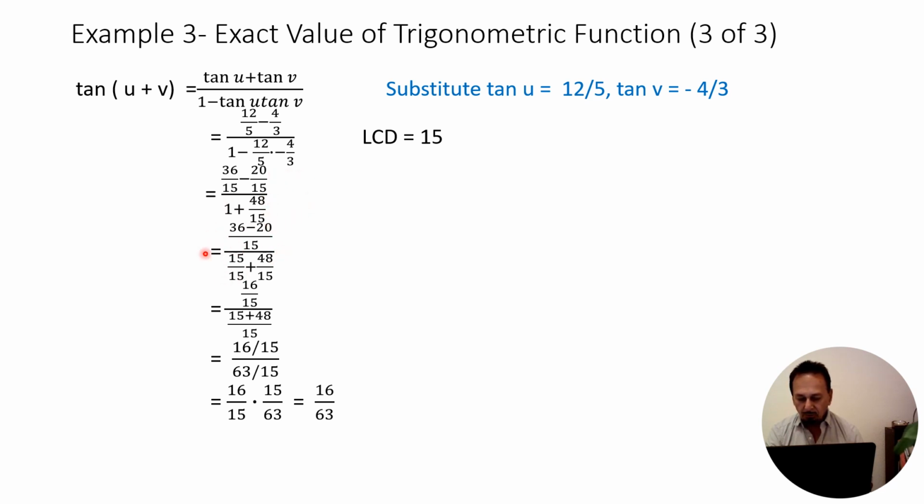Okay, so we can subtract 36 minus 20 over 15, and in order to add on the bottom, we have to rewrite 1 as 15 over 15. So now we have 36 minus 20, which is 16 over 15, and on the bottom we have 15 plus 48 over 15, which becomes 63 over 15. So now we can write 16 over 15 times the reciprocal of 63 over 15, which is 15 over 63. The 15s cancel, so the answer is 16 over 63.